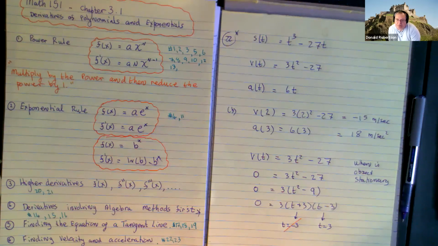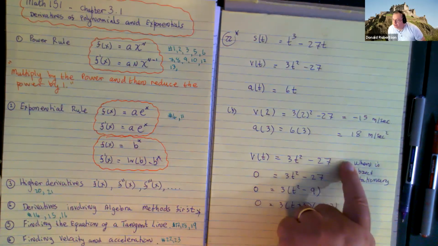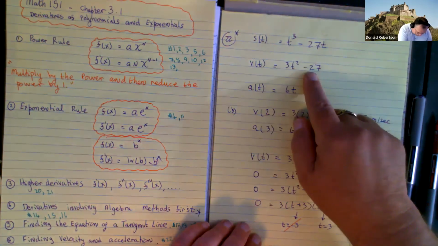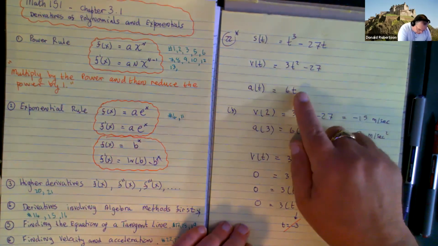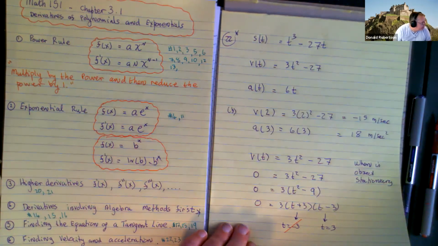So at the 3-second mark, this object would actually be stationary. And you can even find when this object is going at 40 meters per second. Can you just make this equal 40 and solve? So you can answer pretty much any particular thing that you're interested in, simply by differentiating once to get the velocity and differentiating this once to get the acceleration.